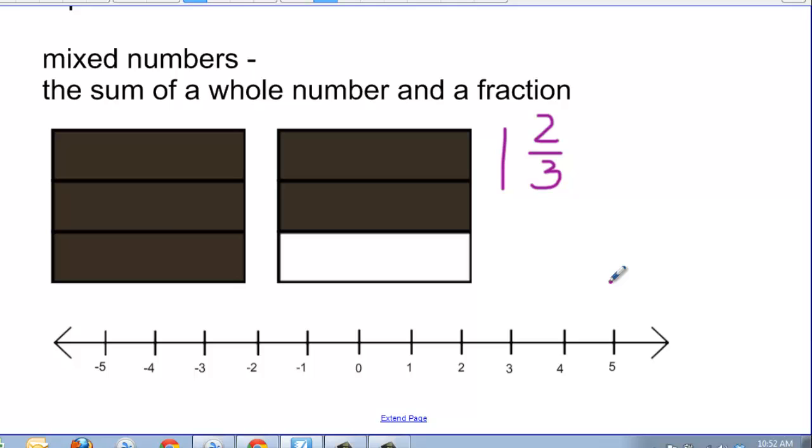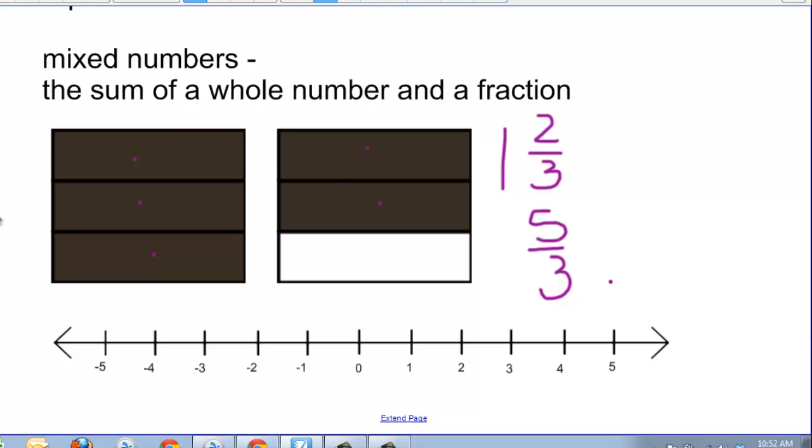Or I could say, well, I've divided this whole thing up into thirds. How many thirds do I have left? I have 1, 2, 3, 4, 5 thirds out of the 6 thirds that I had when I had 2 whole pans. Now I have 5 thirds left, and that is an improper fraction.